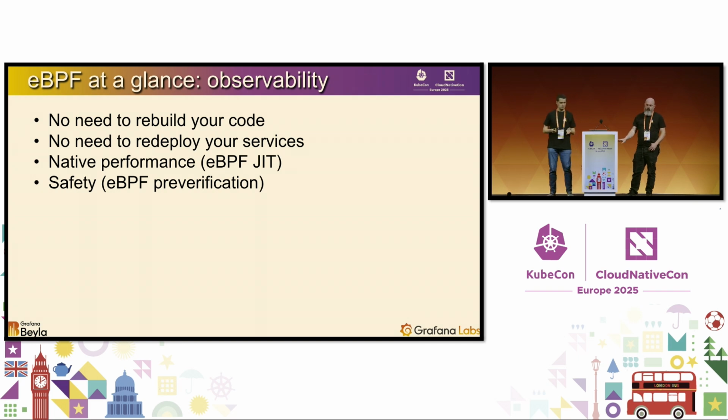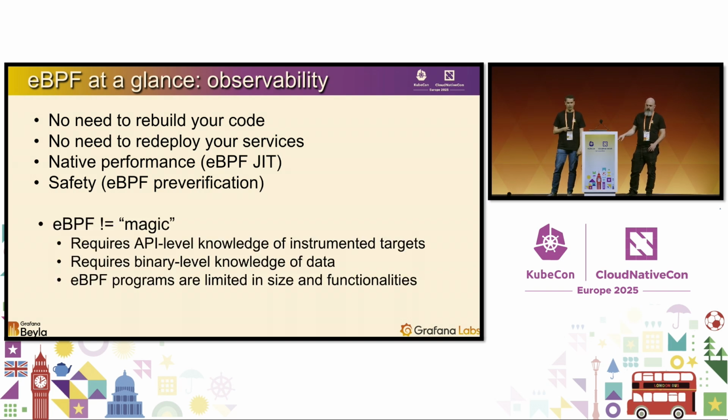It has good native performance because it is just-in-time compiled, and it also adds safety. eBPF pre-verifies your program to guarantee that the program will end and won't do operations that could hang your kernel.